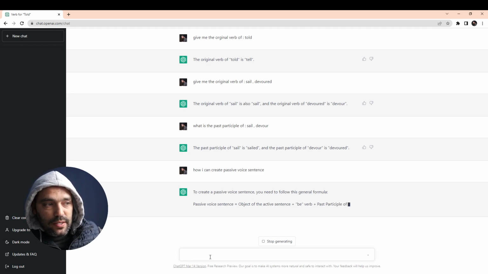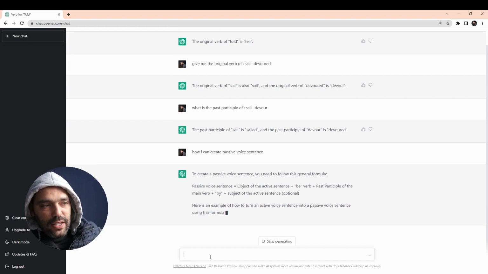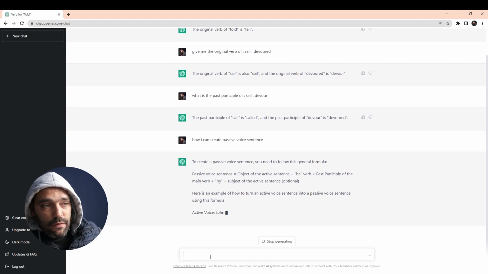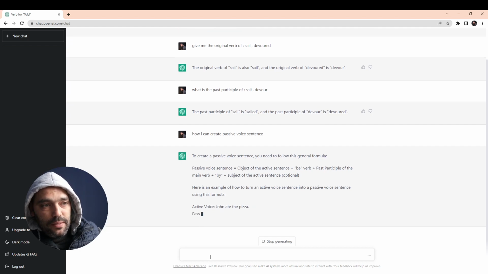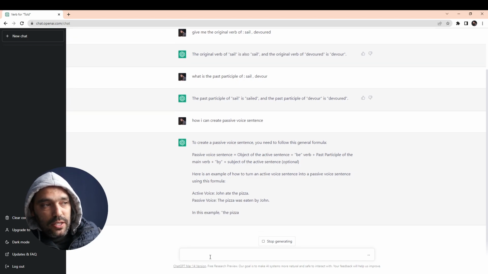Passive voice sentence equals, I don't know what that means. Equals object of the active sentence plus be verb plus past participle of the main verb plus by plus subject of the active sentence, and this is optional.